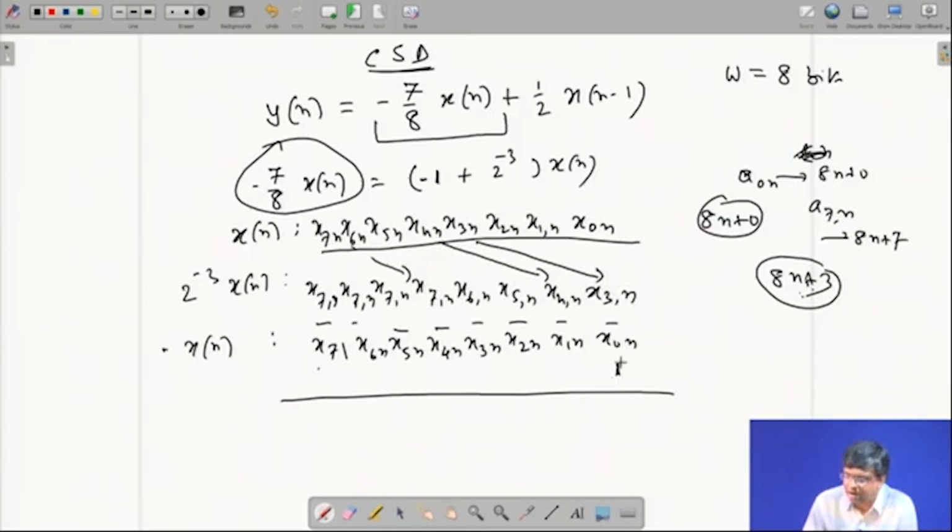You add them, taking 1 as the initial carry in the adder. You get a result that will come at 8n plus 3. The new carry goes to this side. Again add, again a result, and so on. This is what you will do for this part.